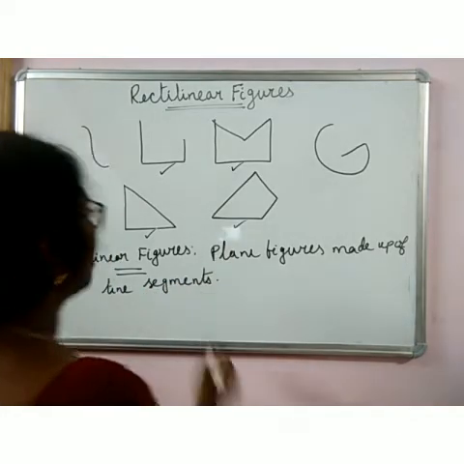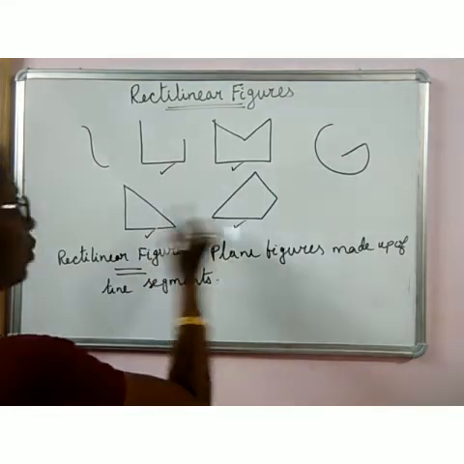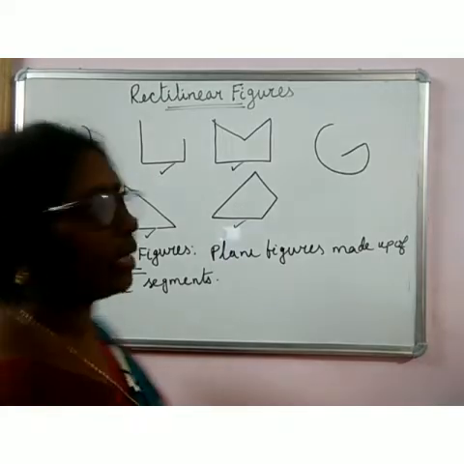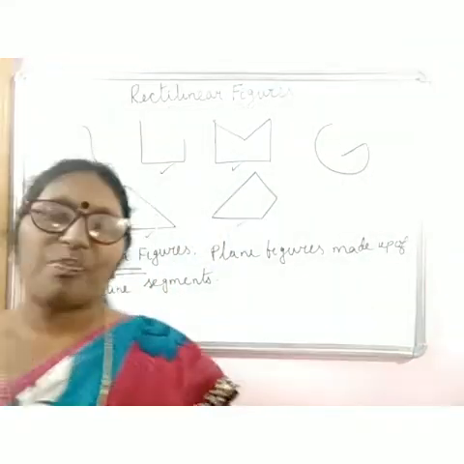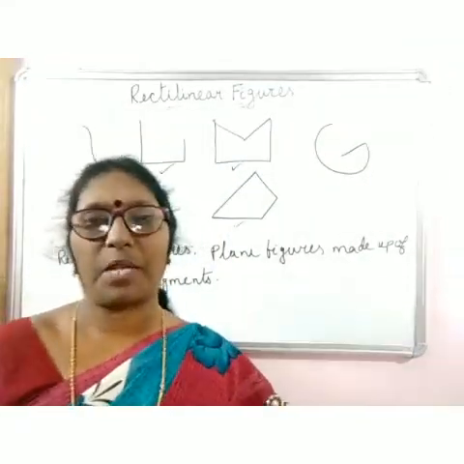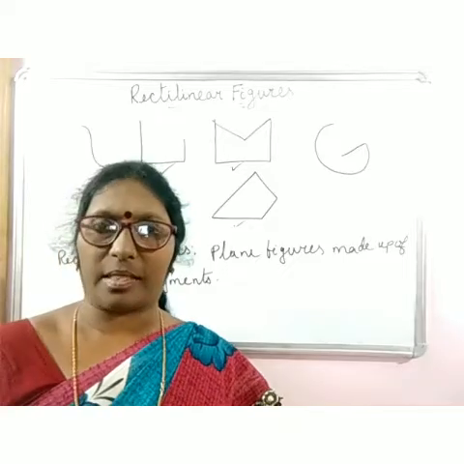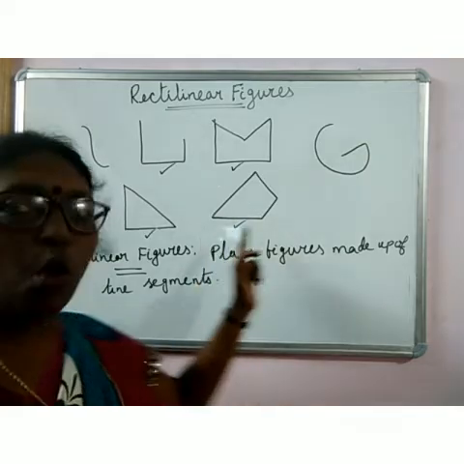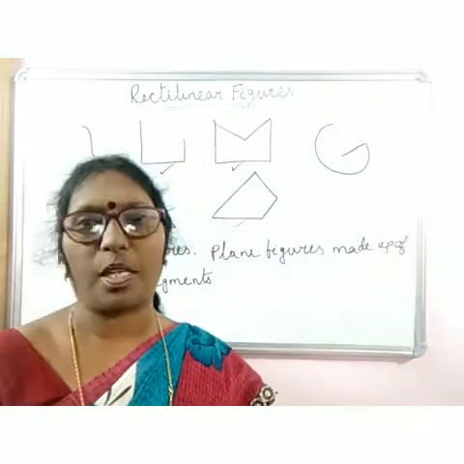So these four are made up of line segments. So these are rectilinear figures. Then now let me explain what a polygon is. A rectilinear figure which is closed is called a polygon.